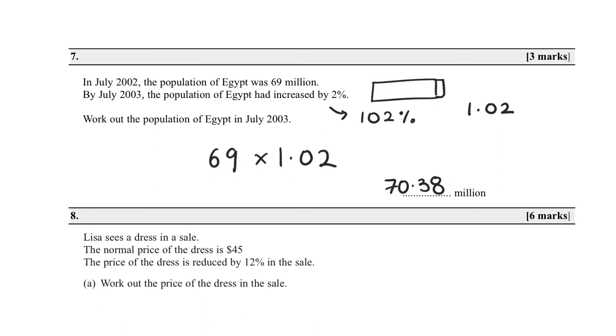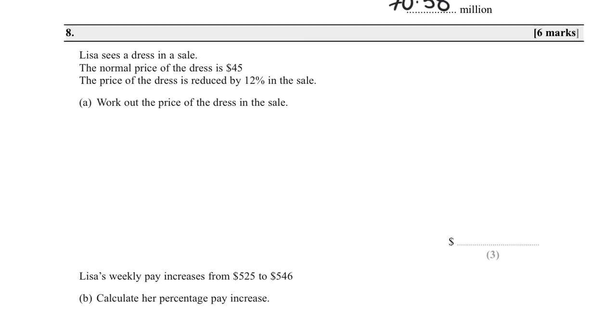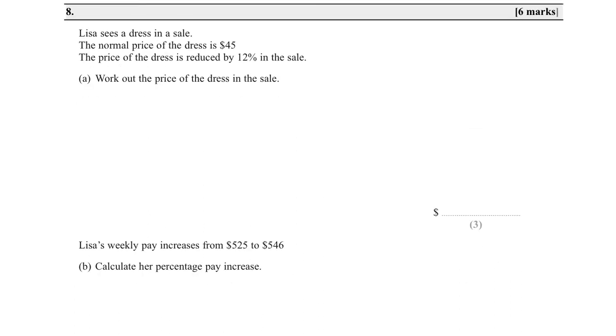Okay, moving on to question 8. Lisa sees a dress in the sale. The normal price of the dress is $45. The price of the dress is reduced by 12%. So in a sale, prices are decreased. If we had 100%, we take away 12%, which leaves us with 88%.